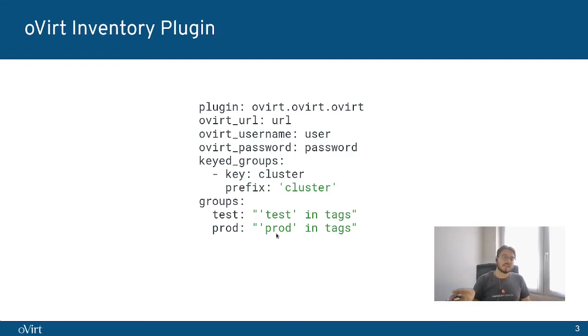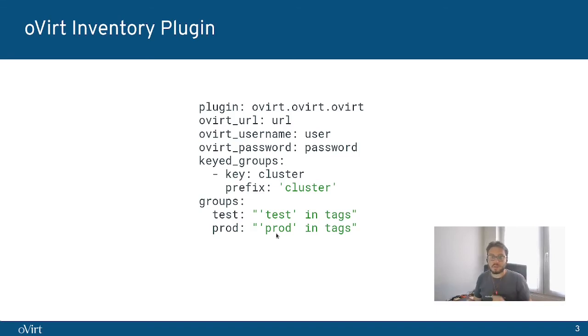This is a simple configuration where we set the URL of our oVirt, and the username and password to connect to it, and we create some groups. As the method to split the VMs, we use the tag method.